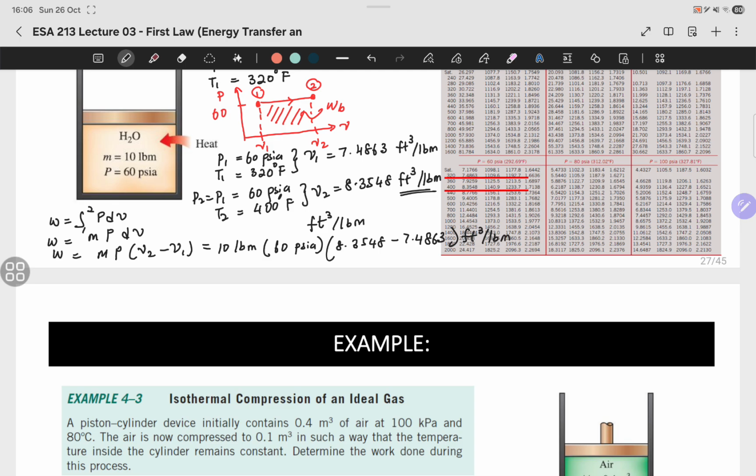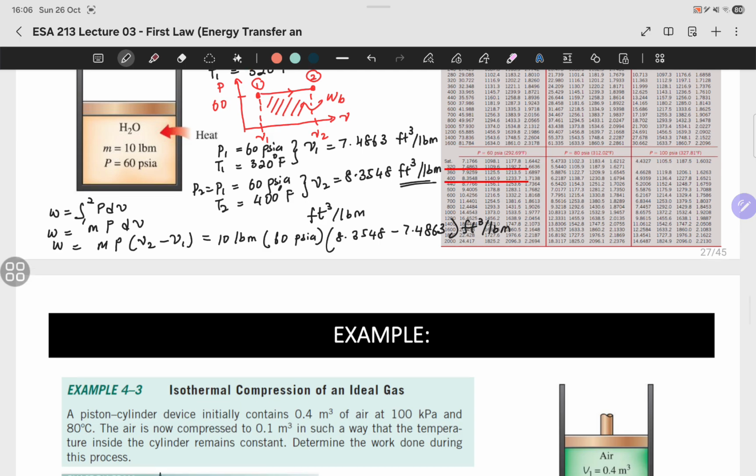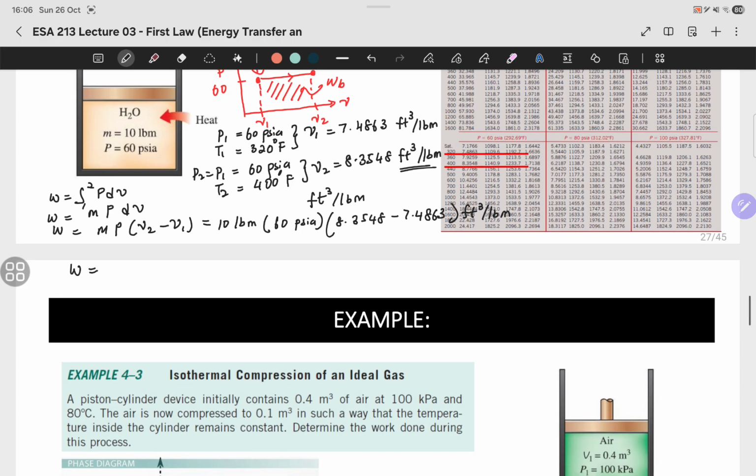You calculate everything and you will have a value equal to 520.92 psia dot feet cubed. You can cancel out lbm here, so finally you have psia dot feet cubed.